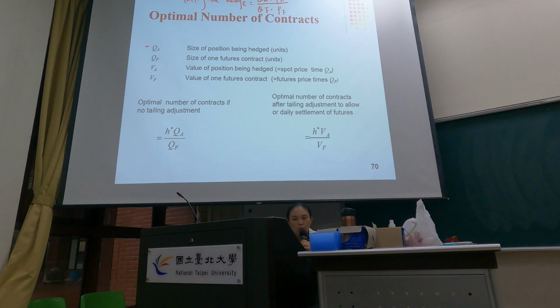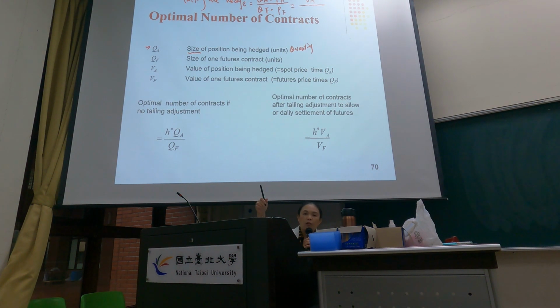Okay, Q stands for the size, so that means quantity, 数量. Right? Okay. V is the value. Okay, now very important. Q times P equals value, agree? Right? 1 pen costs me $10. 3 pens cost me how much? $30, right?